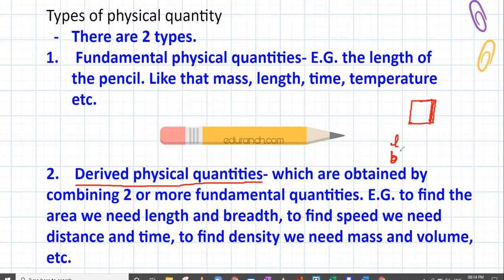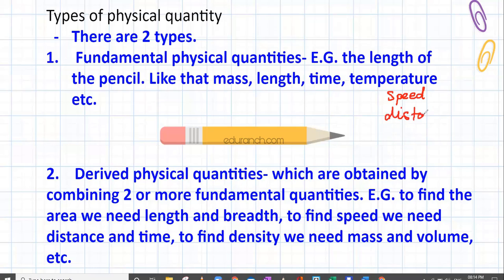In the same way, if you want to find the speed, then we need distance and time. So if we want to find the speed of a vehicle, we need distance and time to find that. So basically here, to find the value of speed, we need two values.